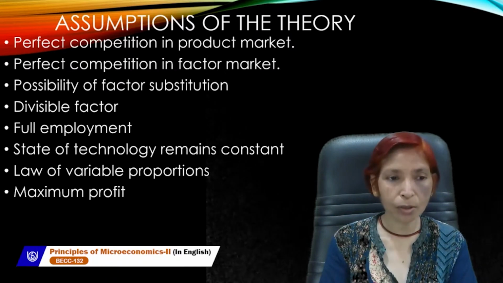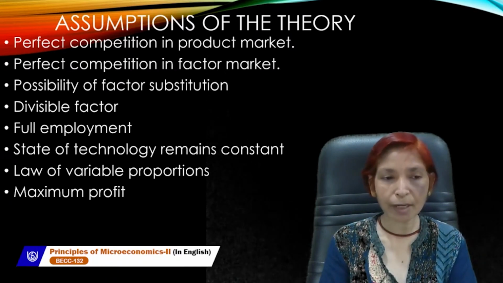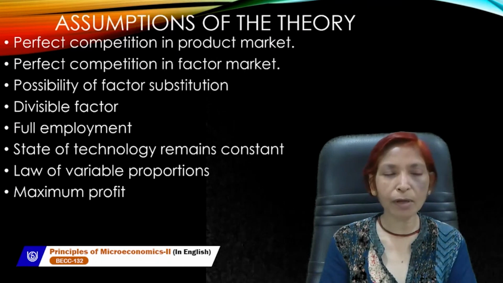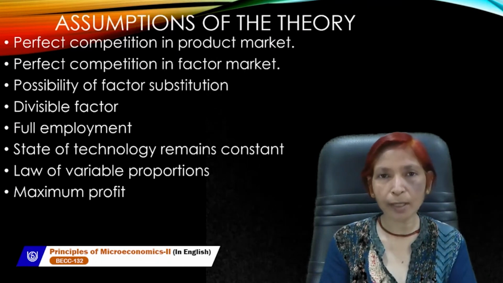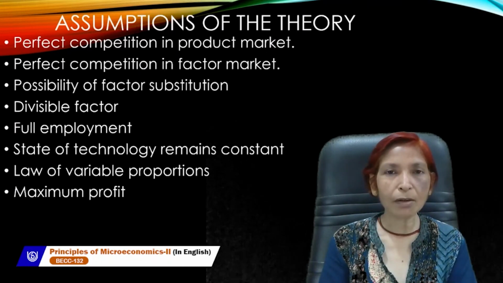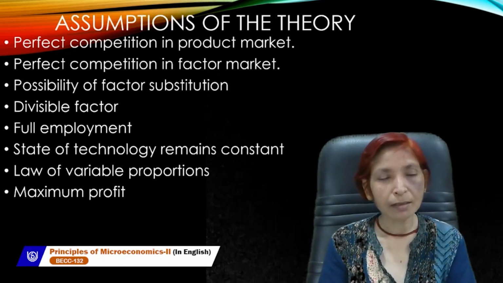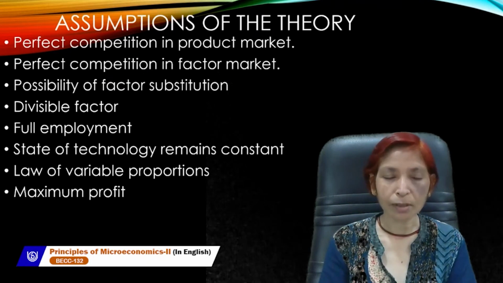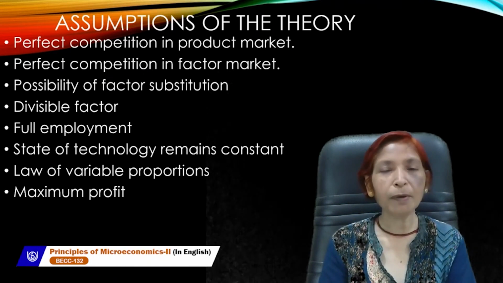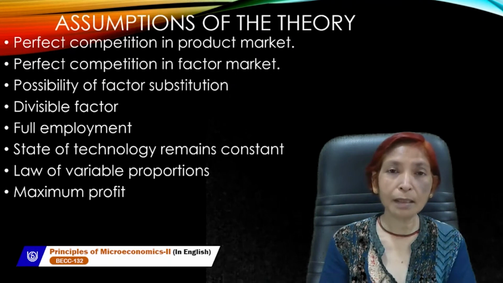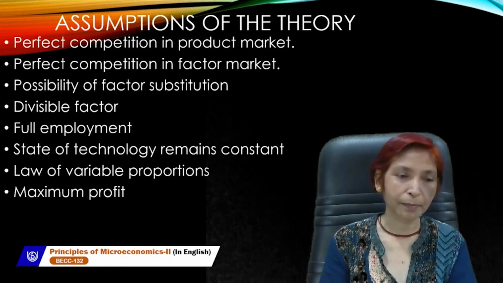If labor is odd in number, like 5 laborers, we can't divide them 2.5 and 2.5. Some factors are not perfectly divisible, and if we divide such a factor, its utility will fall. So factors are not perfectly divisible, but this theory assumes so.